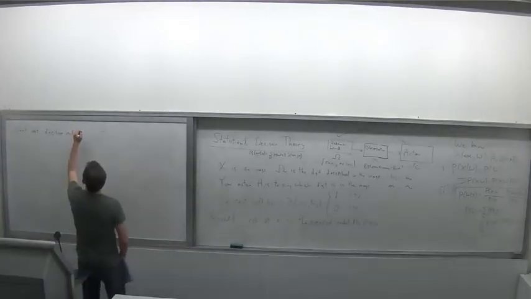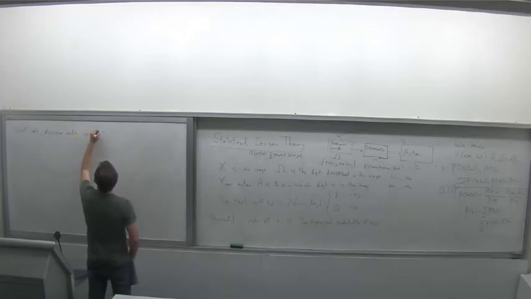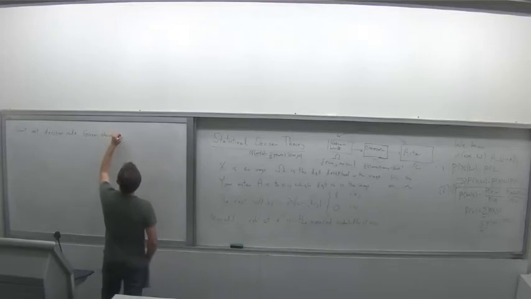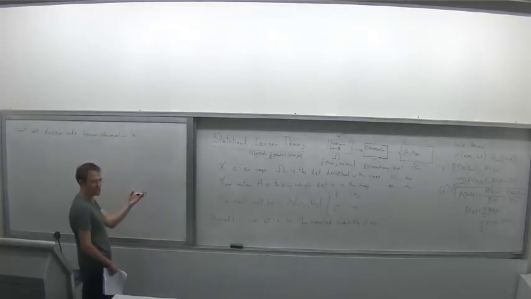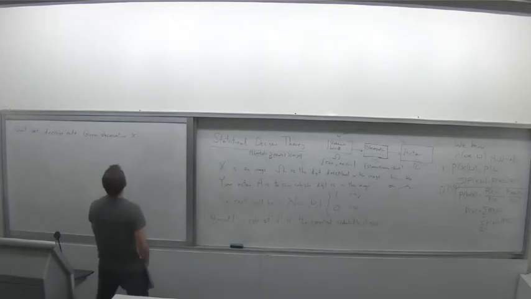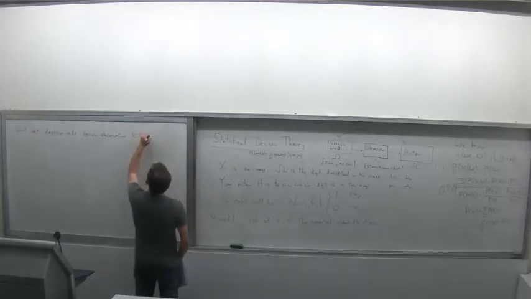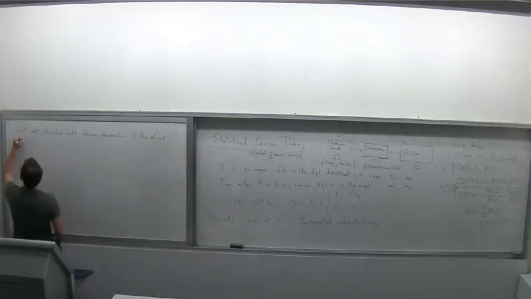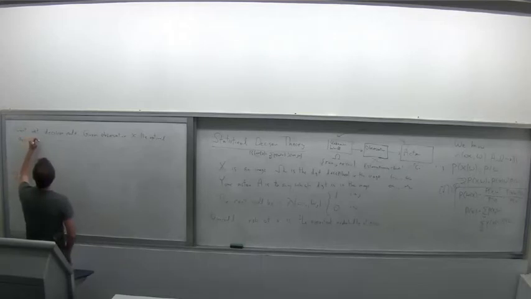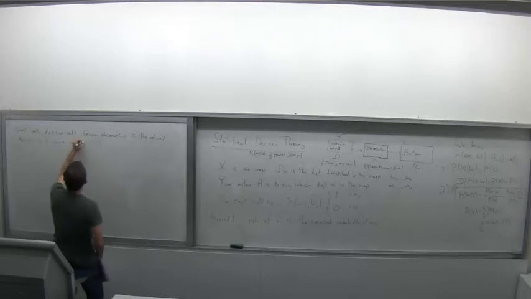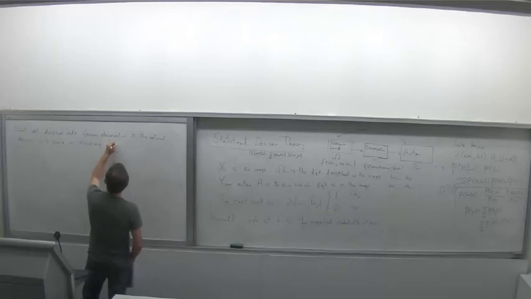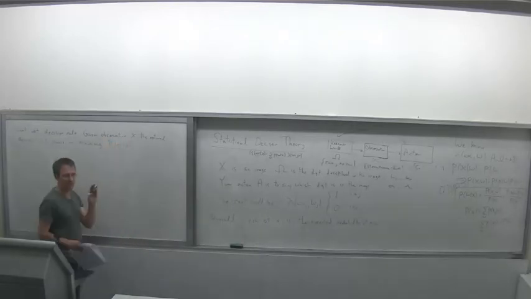So given observation X, which is the digit that I drew, the optimal decision is to choose alpha minimizing R of alpha given X. That was what we said before.